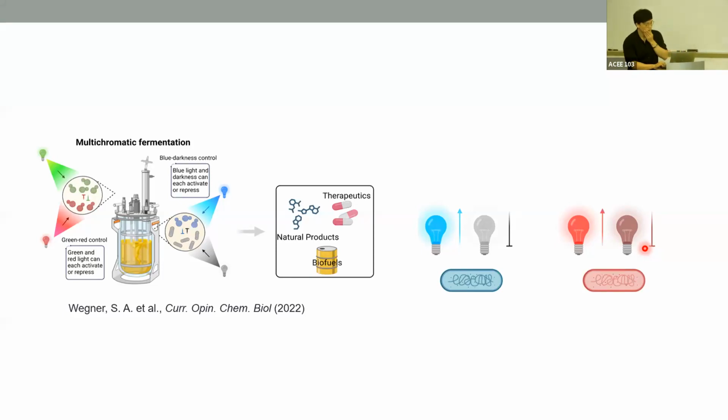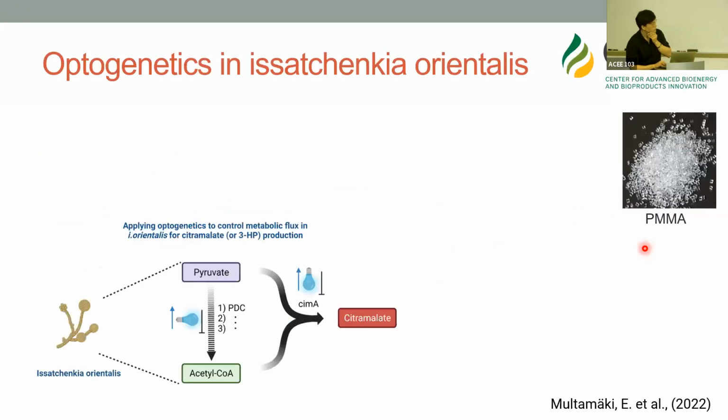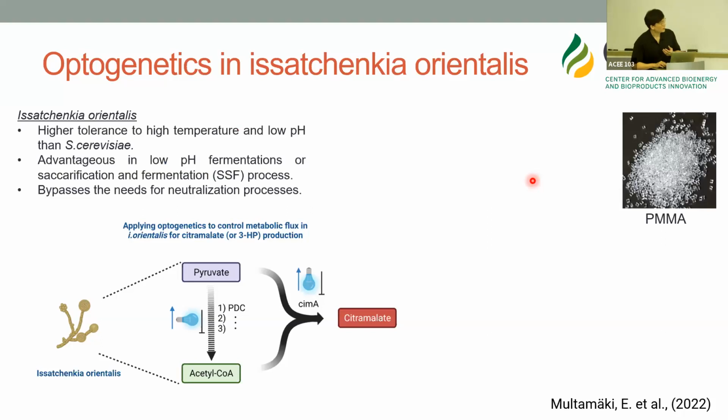And for the second part, I want to go back to yeast. Now, I mentioned Baker's yeast a lot because it's a model organism for yeast research. Issatchenkia orientalis is a non-conventional yeast that has been getting a lot of attention recently.